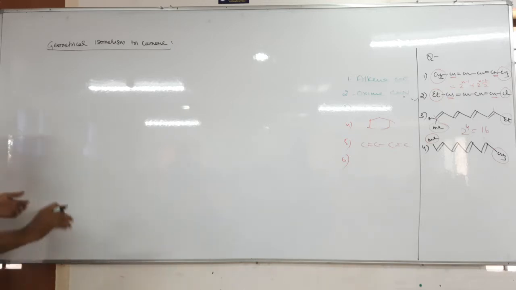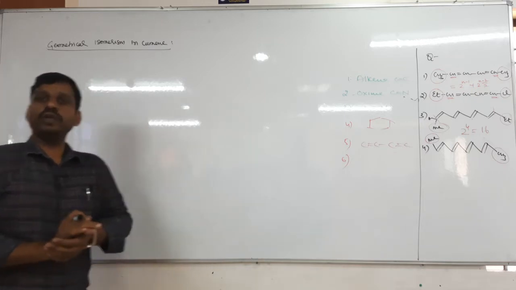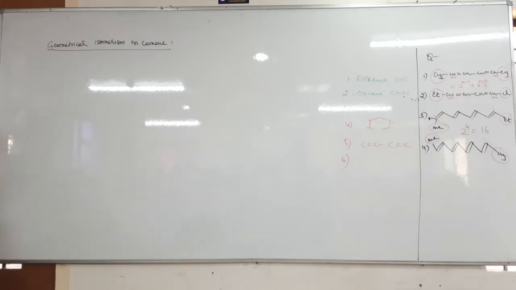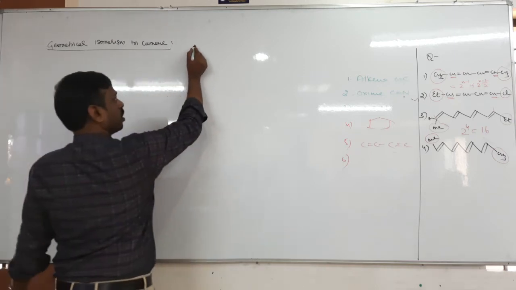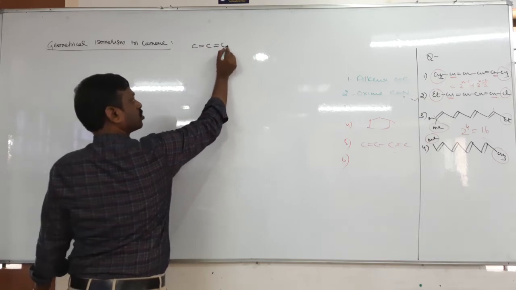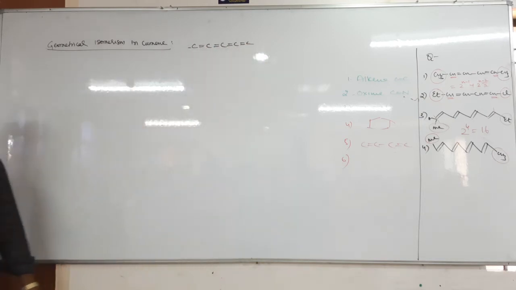Tell me, what is the cumulene? Right, a cumulene is, in an alkene, a long chain of carbon atoms containing all double bonds, isn't it? If double bonds are present on all carbon atoms like this, what are they? Cumulenes.